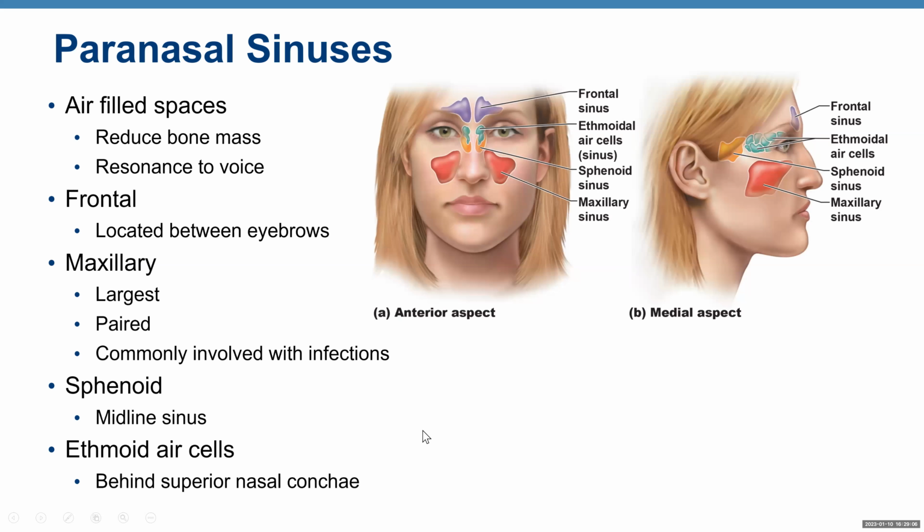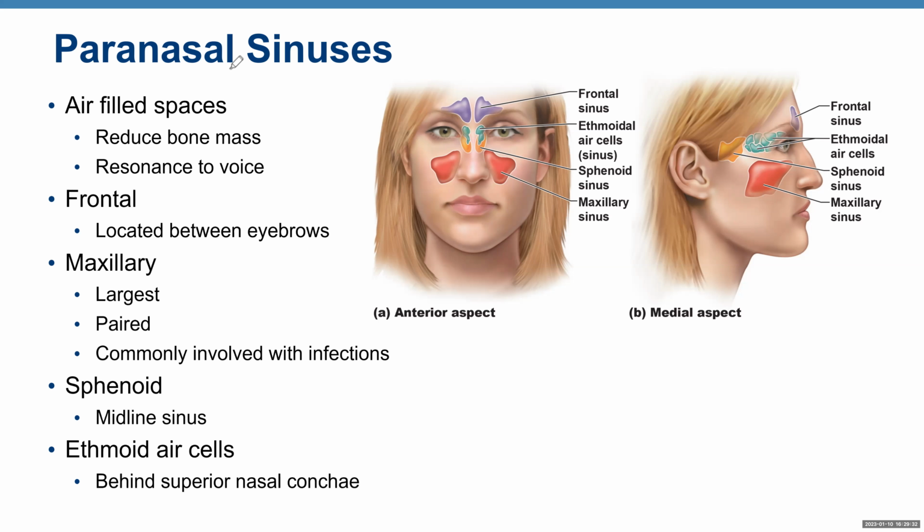Paranasal sinuses are air-filled spaces. They reduce bone mass, and they give resonance to voice. And if you look over here, they are located kind of around your nose. That's why we call them paranasal. So it's around your nasal cavity.